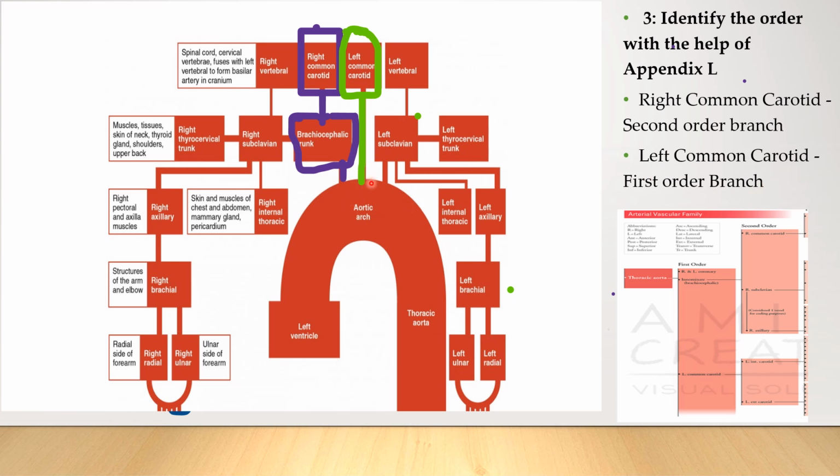But if you see, the families are different. Right common carotid is this family, and I have used different color coding for the family, and the left common carotid is the first order, but the families are two different. This is a blue family and then the green family.